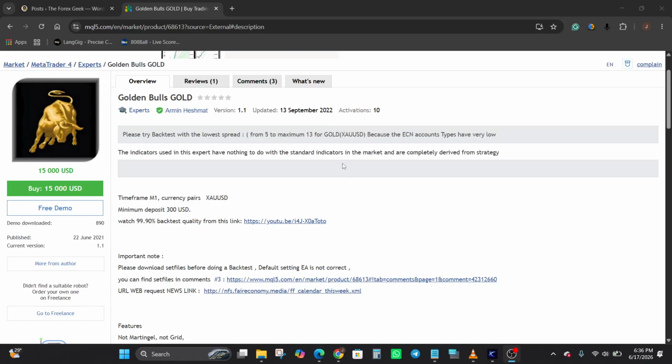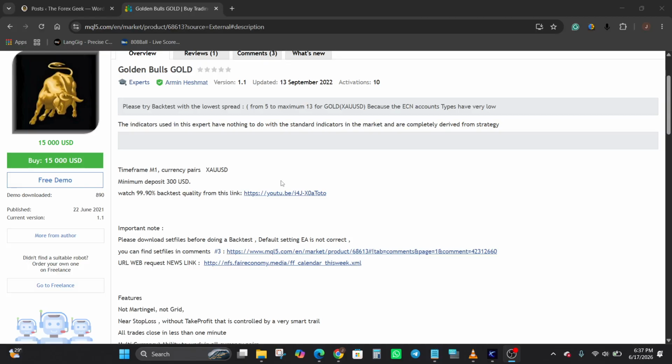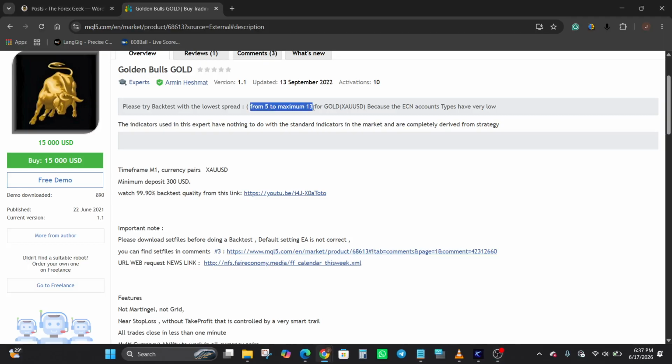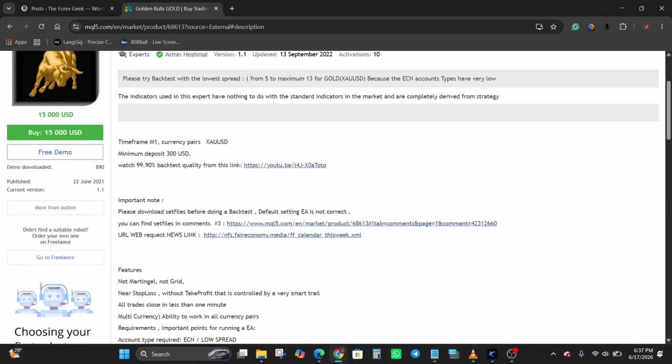Looking through the description, the developer places a strong emphasis on backtesting conditions, specifically recommending very low spreads for gold, ideally between 5 and 13 points. There is also a note encouraging users to download the provided set files before running any backtests, because the developer states that the default settings are not intended for testing purposes.